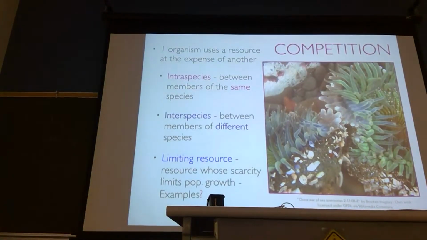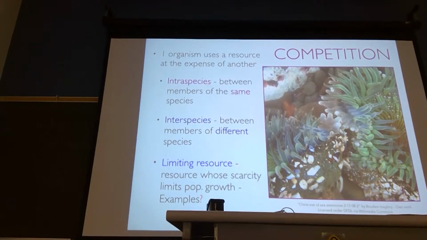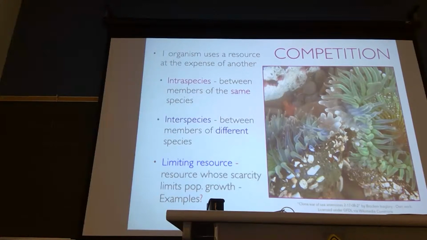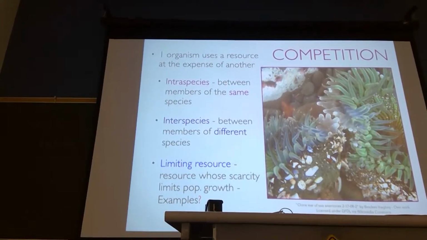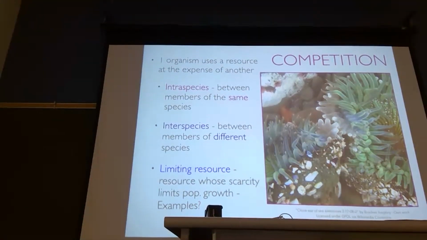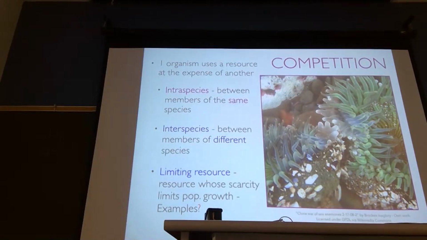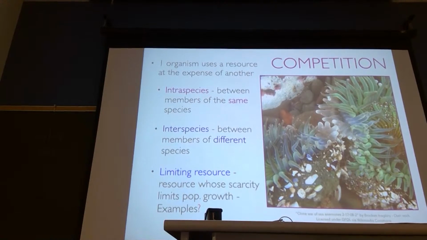Okay, so competition is the first of these species interactions that we are going to talk about. We can define competition as when one organism uses a resource at the expense of another. We have two or more individuals that are attempting to use the same resource at the same time. And that's competition.